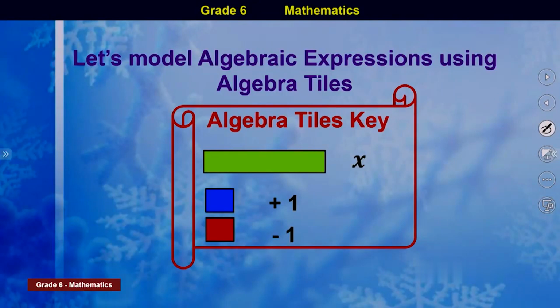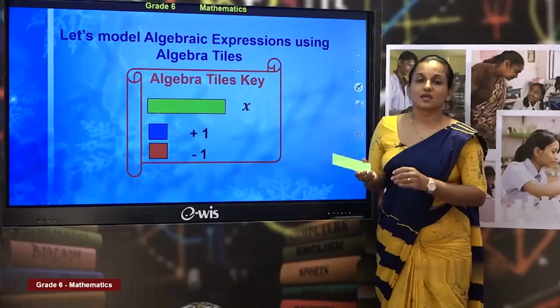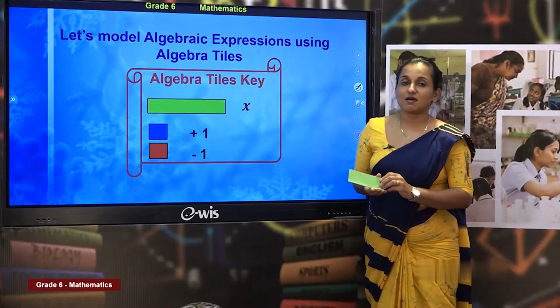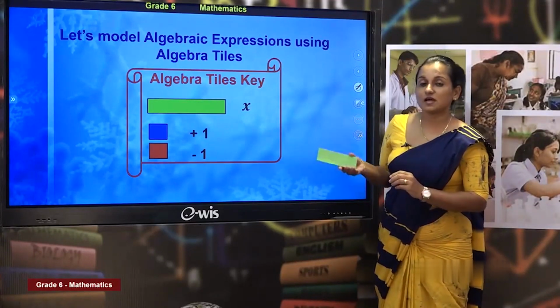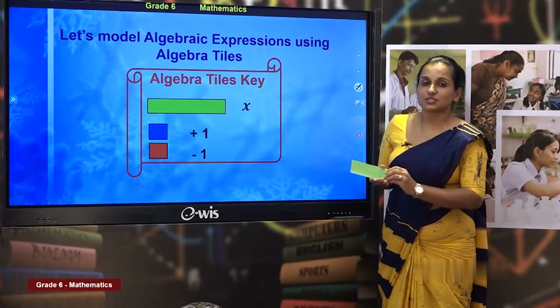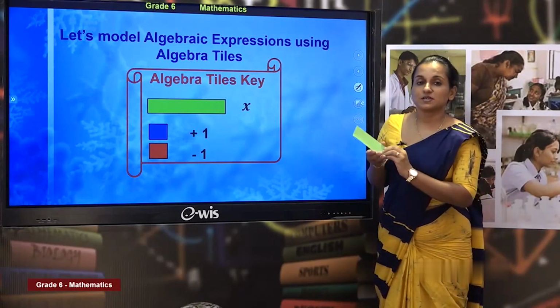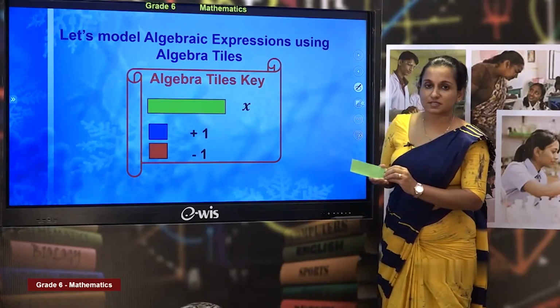Now my dear children, as we are stepping into the world of algebra, we should learn about algebra tiles too. Algebra tiles are squares and rectangles of different colors. Each color, square or rectangle represents different symbols.